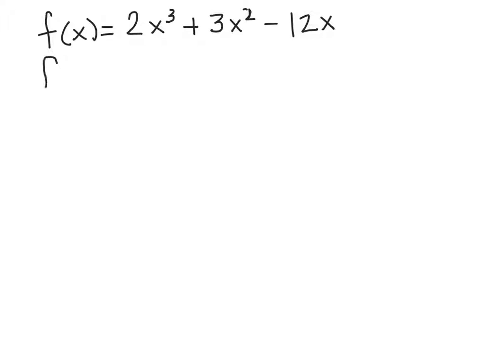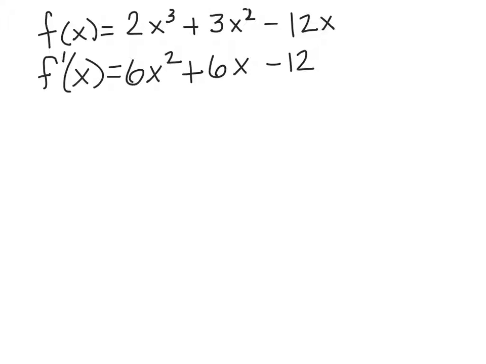So I have the function f of x equals 2x cubed plus 3x squared minus 12x. So the first thing I have to do is take my derivative. So I get 6x squared plus 6x minus 12. I need to factor that.